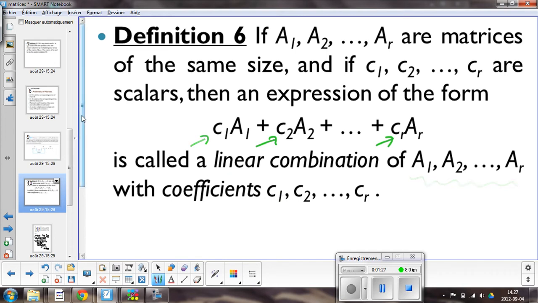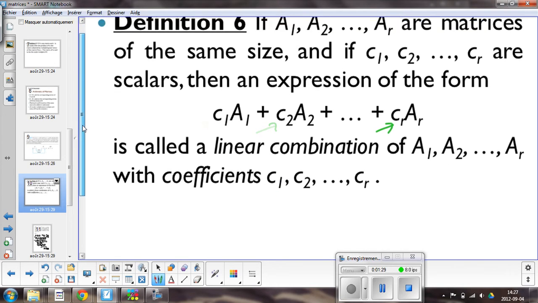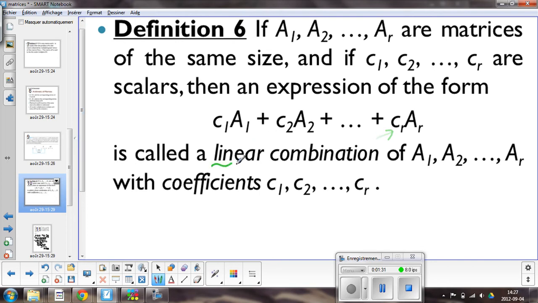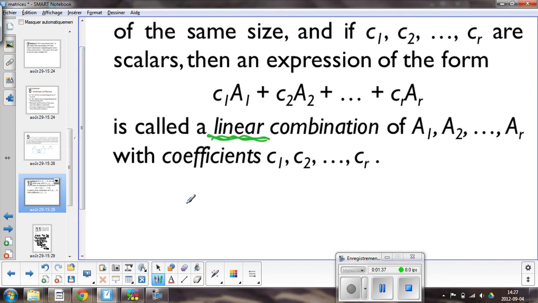It should remind you of another kind of linear something. This word is coming up very often in this course. We've seen linear equations, if you remember. It was something like 3x plus 4y, and so on. And we'd said that they're linear because there's no such thing as x squared or xy or x to the third. There's only x and y's first order, right?